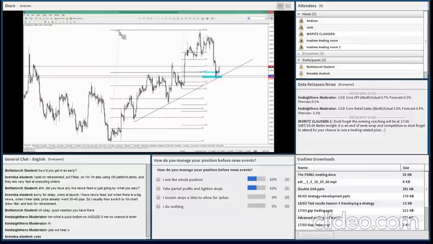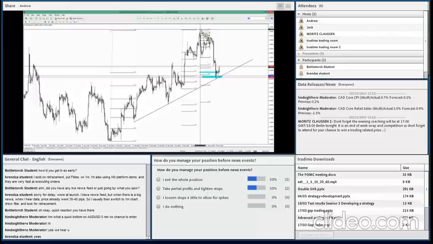Okay, so what we can also do now, let's adjust this slightly, is look for potential extensions. Now we haven't covered extensions much, but if we drop a fib from this high down to this low, price retraced 79%, and it's dropped down to the 1618 extension, which is a very common target for people to take profit at.